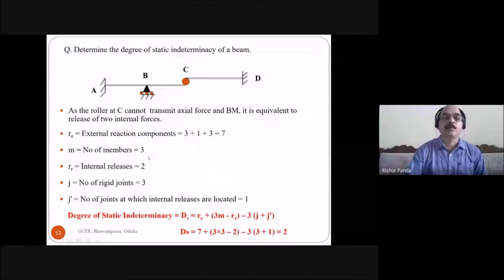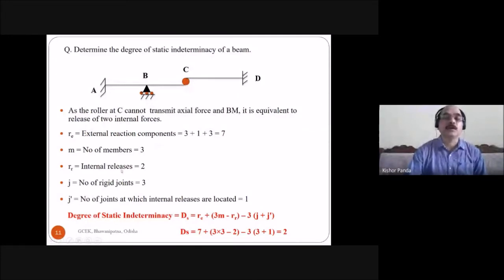The number of members is equal to 3: 1, 2, 3. Then for internal release you have to take 2, because there is one internal release for this beam and one internal release for this beam. If the internal hinge is present and it connects 2 beams separately, you have to take 2 internal releases at the internal hinge.